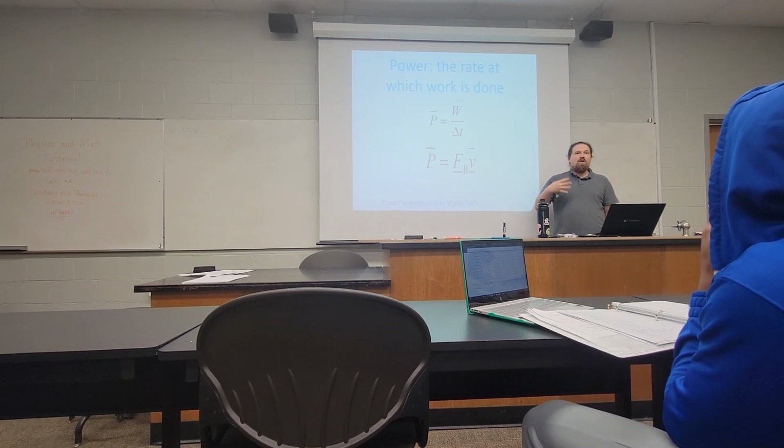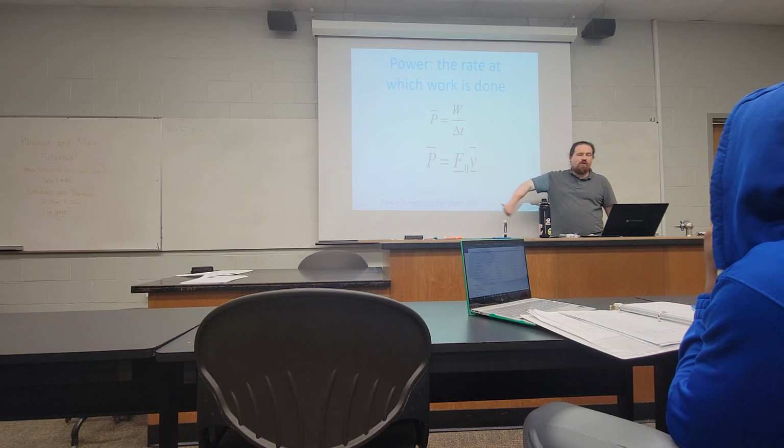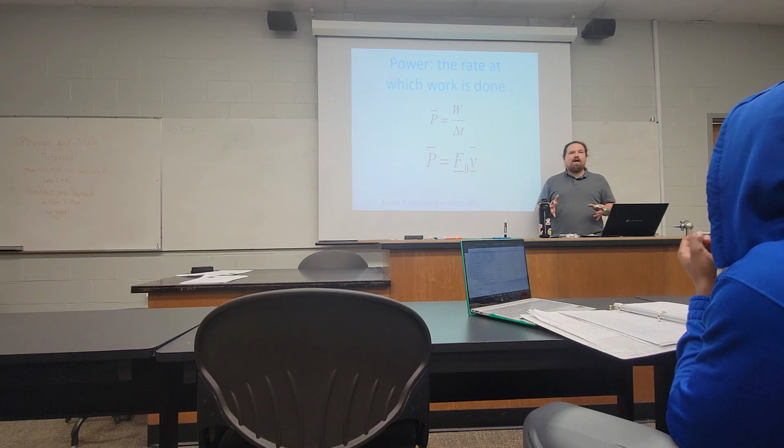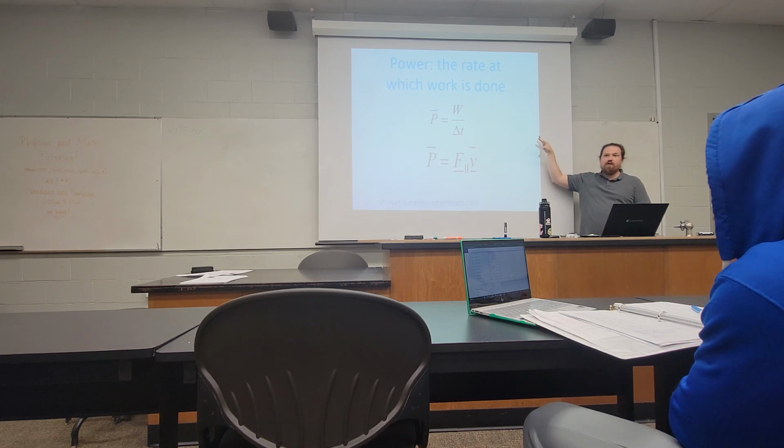And all machines, including mechanical human movement, have a certain power rating. You need a certain amount of energy every second to keep performing a task. And so when you buy an appliance, the power rating is usually written on there somewhere, and that tells you energy per second for it to remain on doing its job.